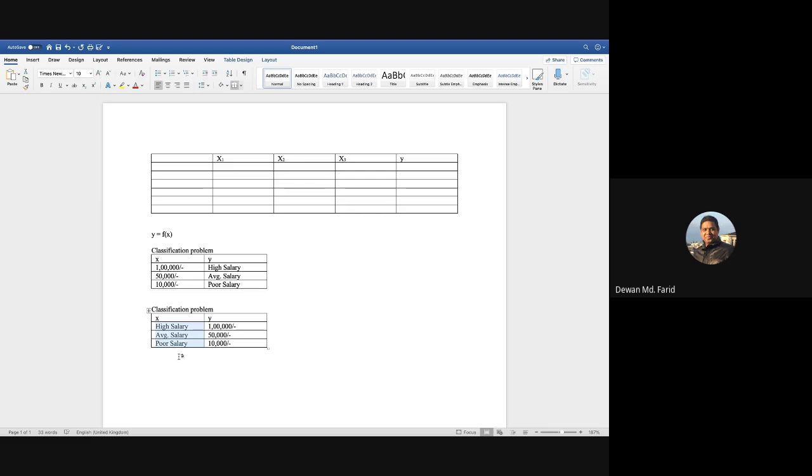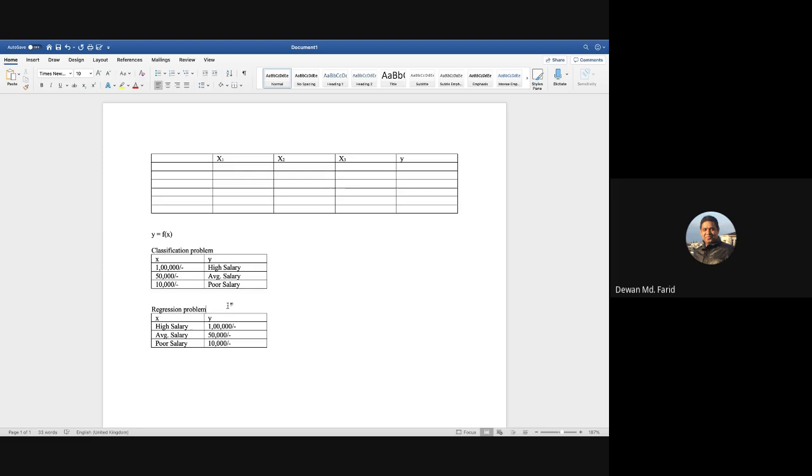X is the independent variable and y is the dependent variable, and y is numerical, right? Then the problem will be a regression problem. Is it clear to everyone? This is a very simple example of one dependent variable and one independent variable. So x is the independent variable, y is the dependent variable, right?